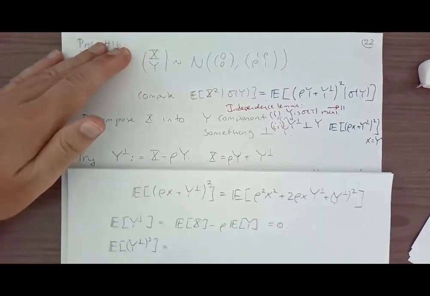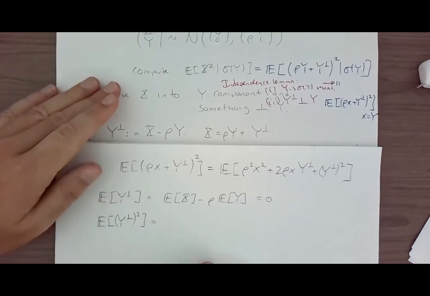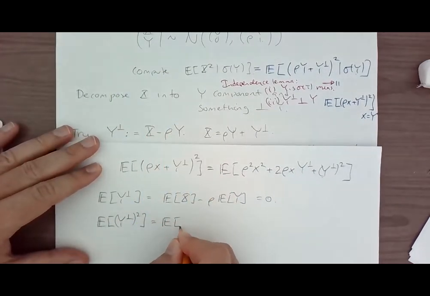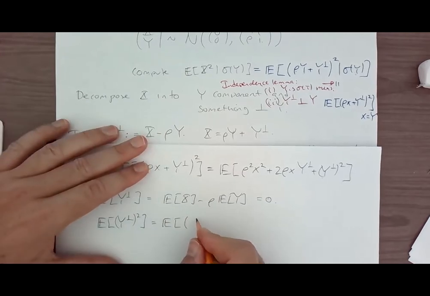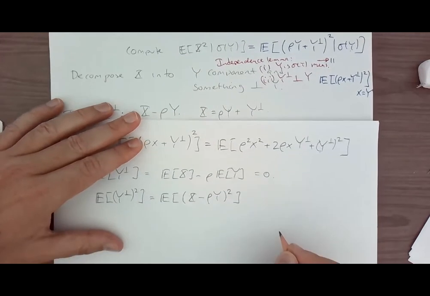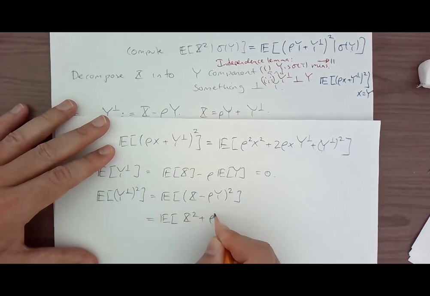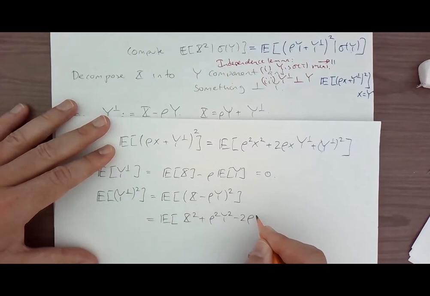And the way we go about doing that is we're just going to plug in y perpendicular in the formula. So this is x minus rho y squared. And we factor out as before, x squared, rho squared, y squared, minus 2 rho xy.